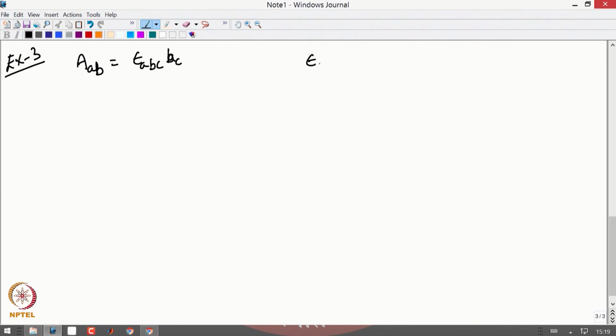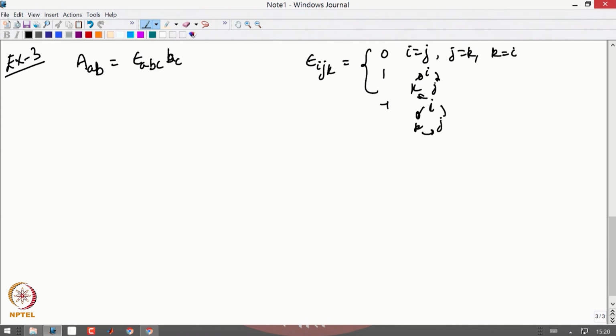You know that epsilon ijk would be such that it is 0 if i equal to j or any of the indices repeats itself, j equal to k or k is equal to i, and it will be 1 for a cyclic permutation of ijk and minus 1 for a non cyclic permutation of ijk. If the permutation is like this, it is going to be minus 1.